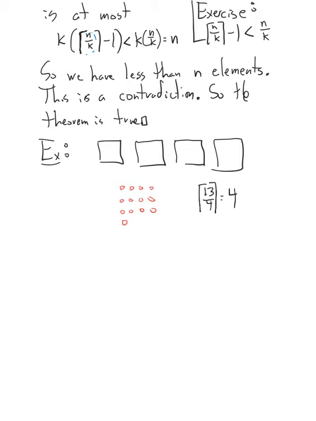And that makes sense because, let's try our best not to do that. We'll put those 3 in here, those 3 in here, those 3 in here, and those 3 in here. So we filled up the boxes as much as we can without having 4 elements in any box, but we have this element left over that has to go in one of the boxes. So no matter where we put it, we get one box having 4.